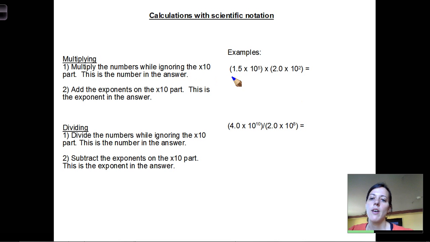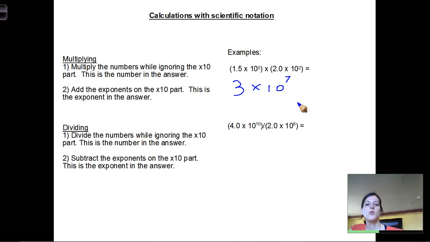So 1.5 times 2 is 3. And then we are going to add the exponents of the times 10 to the part. So it would be 3 times 10, 5 plus 2 is 7. So the answer is 3 times 10 to the 7th.